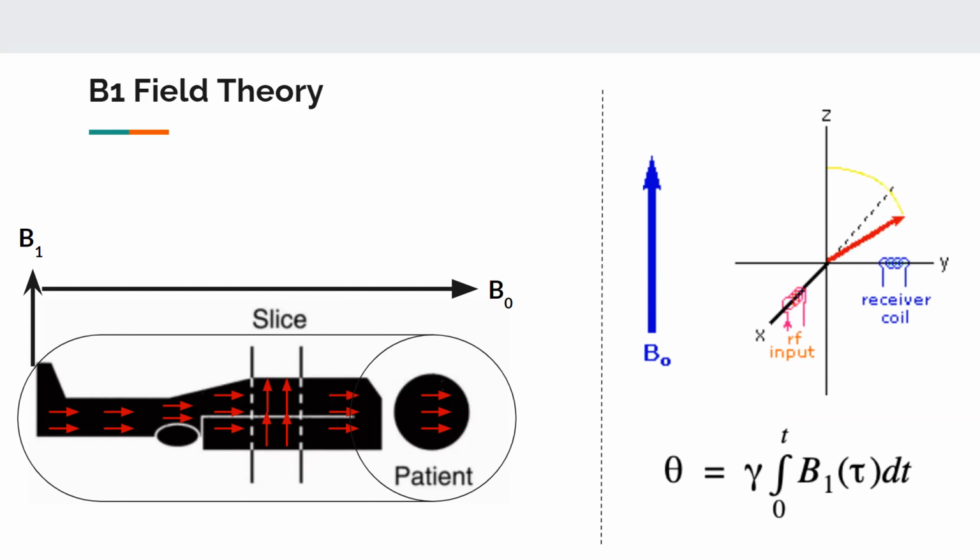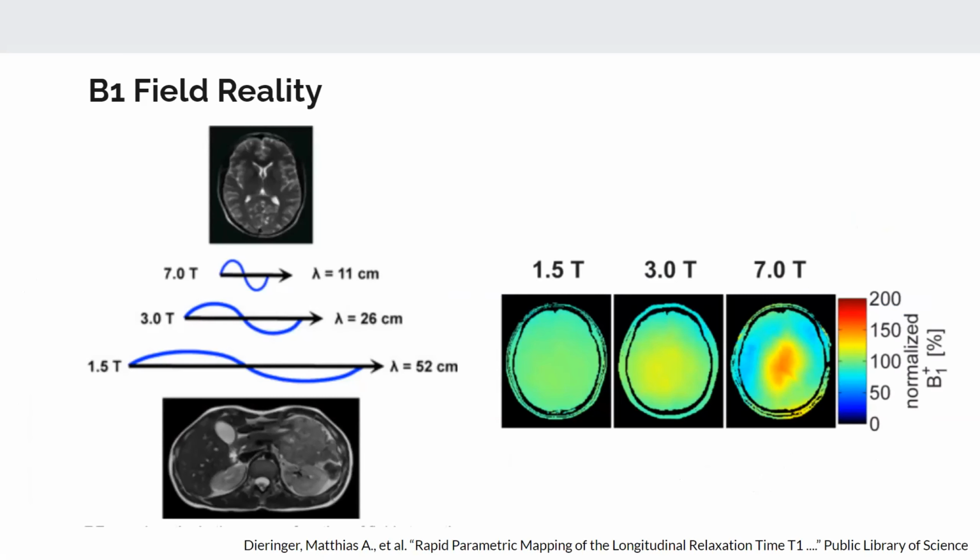In reality, though, different areas of a slice see different RF fields, leading to different flip angles. One reason this occurs is because the RF wavelength is inversely proportional to the B0 field, so RF wavelength decreases when B0 increases.